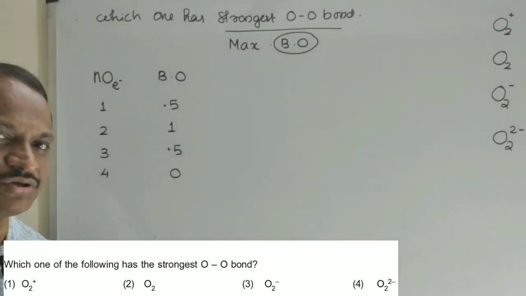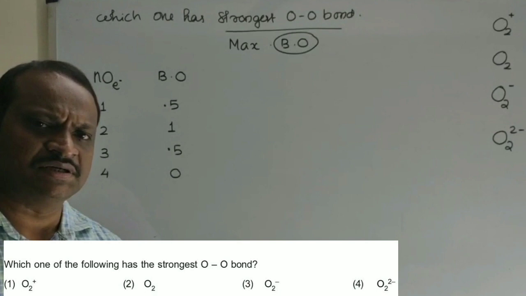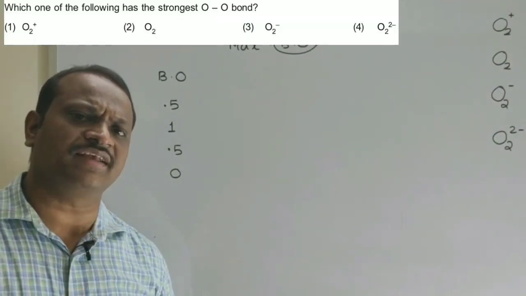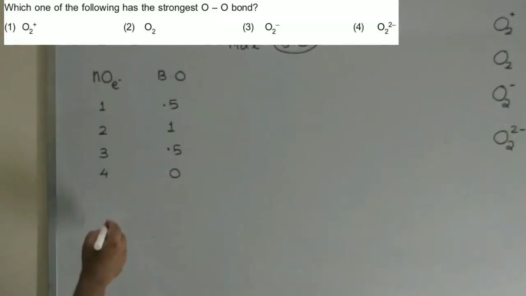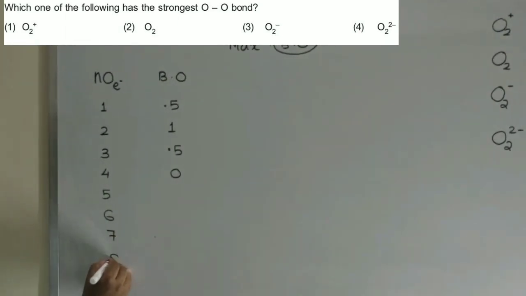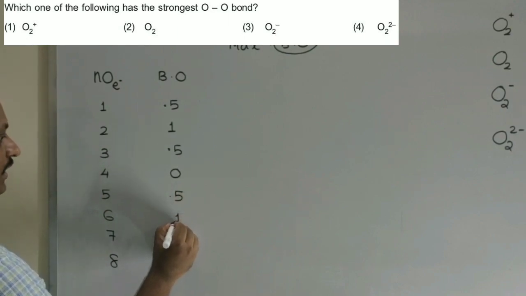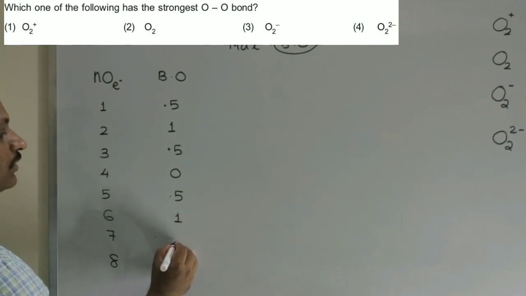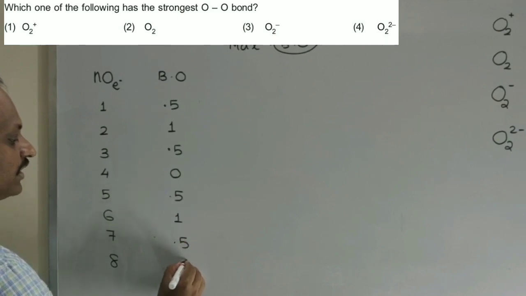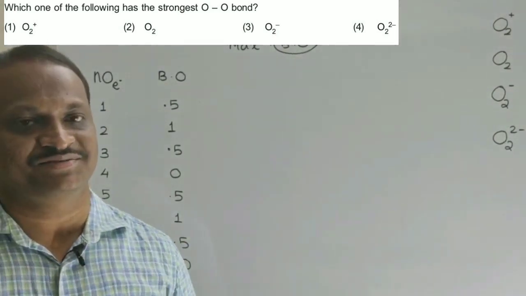So if the number of electrons is 1, bond order is 0.5. If it is 2, bond order is 1. If it is 3, bond order is 0.5. If it is 4, bond order is 0. This sequence will follow up to 8. Again, 5, 6, 7, 8: bond order 0.5, 1, again 0.5, then 0. So up to 8, it will follow like this.